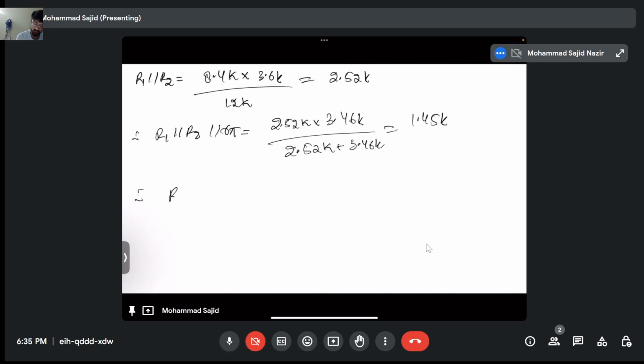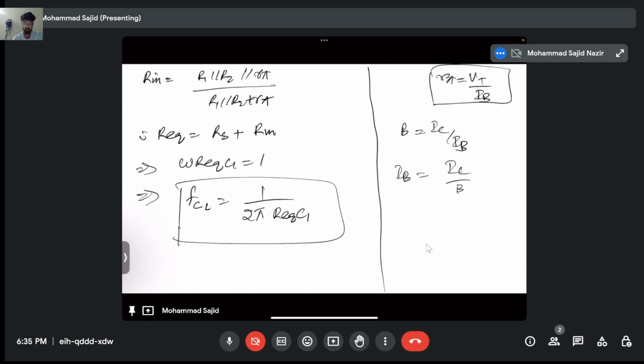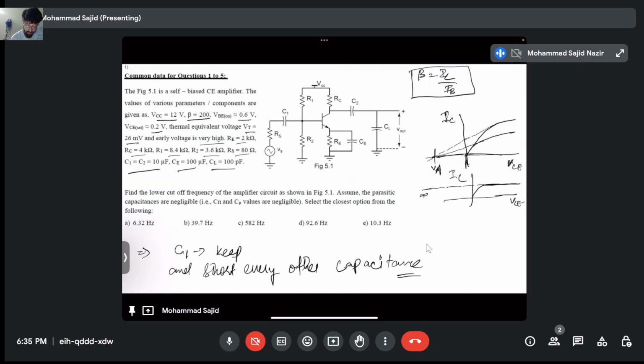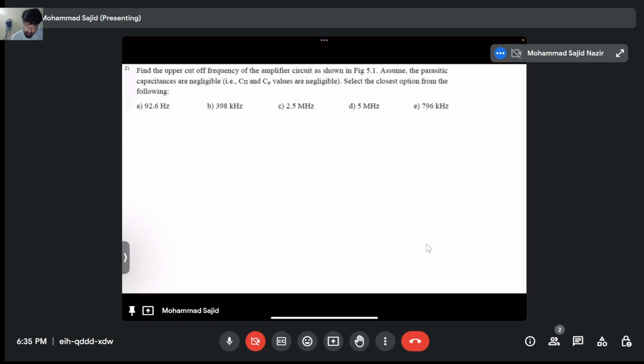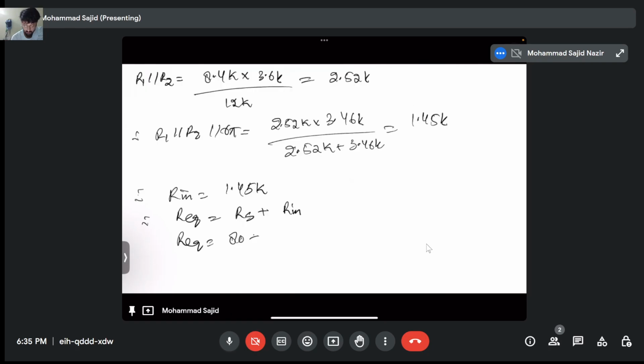Therefore, R in is equivalent to 1.45K, and therefore R equivalent is RS plus R in. RS is given, right? 81 plus 1.45K, that is nearly 1.45K.